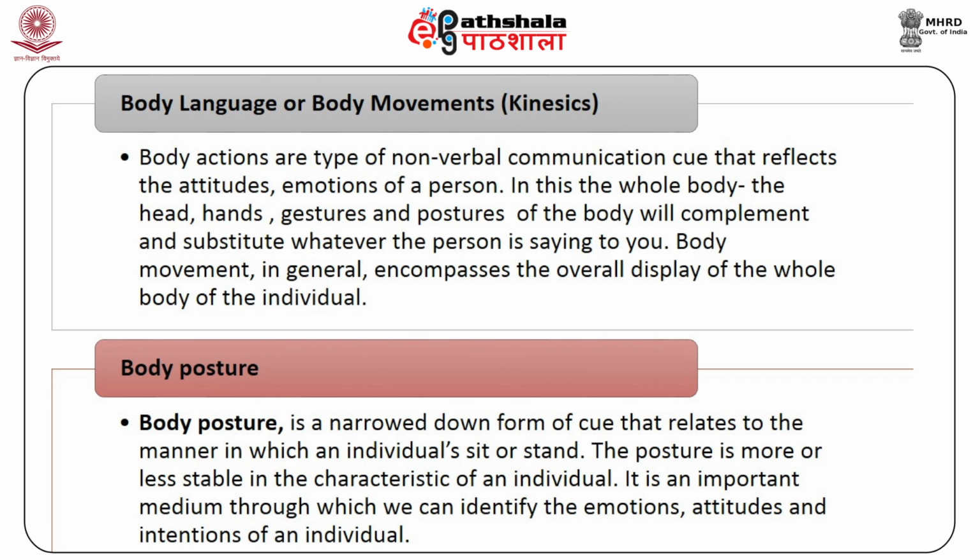Then comes body posture. Body posture is one specific form of non-verbal communication cue that relates to the manner in which an individual sits or stands. The posture is more or less stable in the characteristics of an individual. It is an important medium through which we can identify the emotion, attitude and intention of an individual.